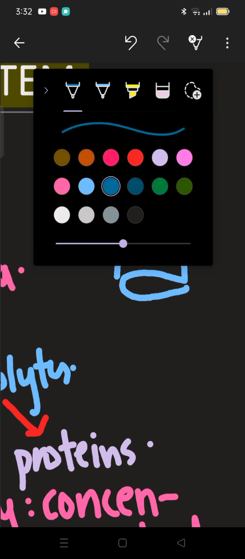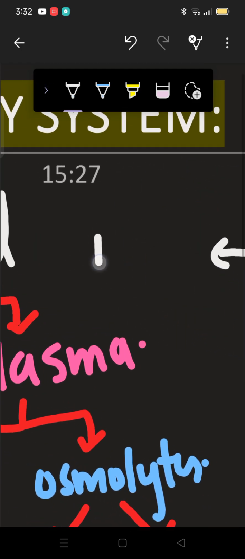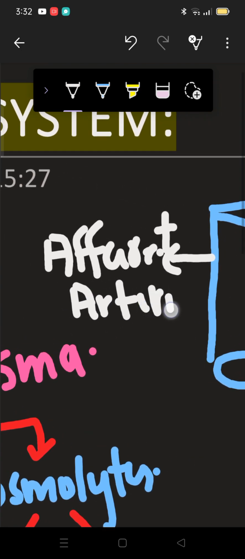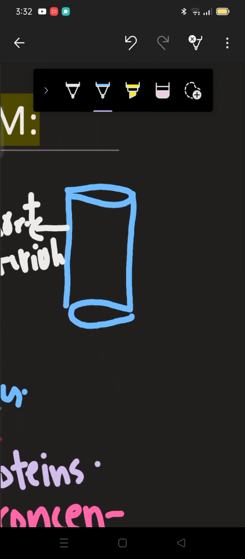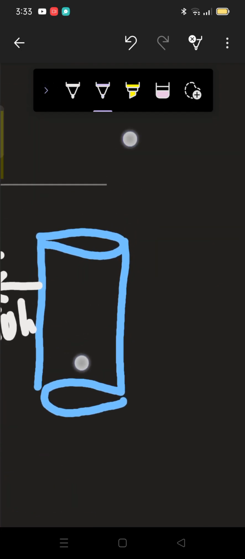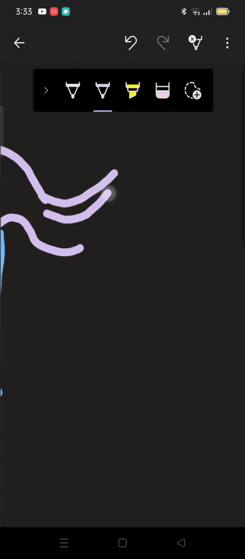So I should write this as well: afferent arteriole. This would be divided into capillaries. So here I am going to make the capillaries. These are all capillaries.